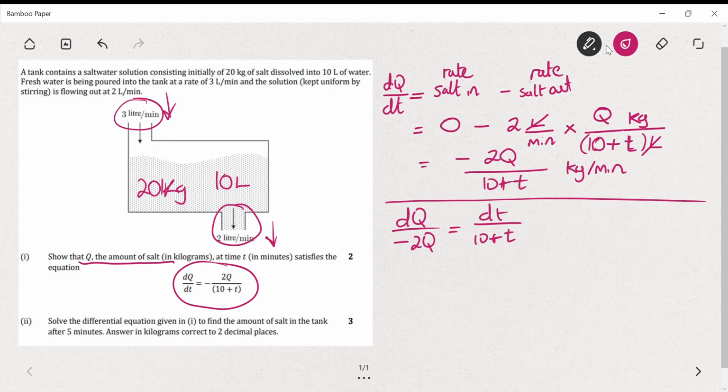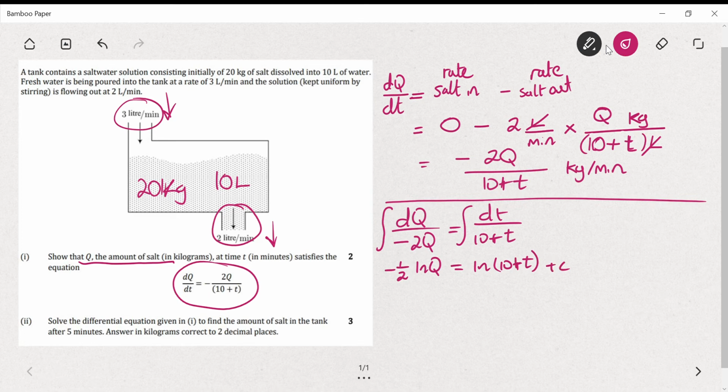So that's just separated the variables. So I'm going to want to integrate both sides. So this one here is minus a half natural log of Q, and this one here is just natural log of 10 plus t.